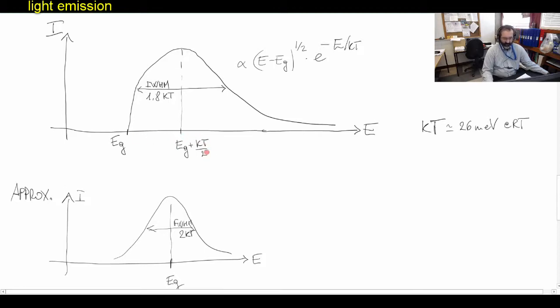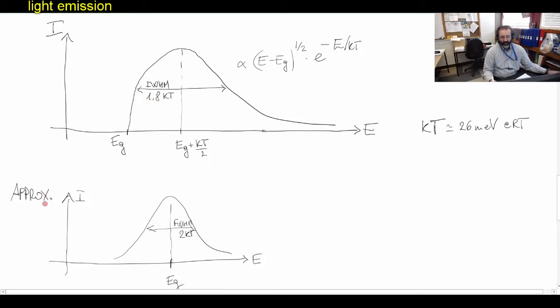kT over 2 is just 13 meV at room temperature. And the full width at half maximum, so the width of this spectrum, is also very, very small. It is around 1.8 kT.